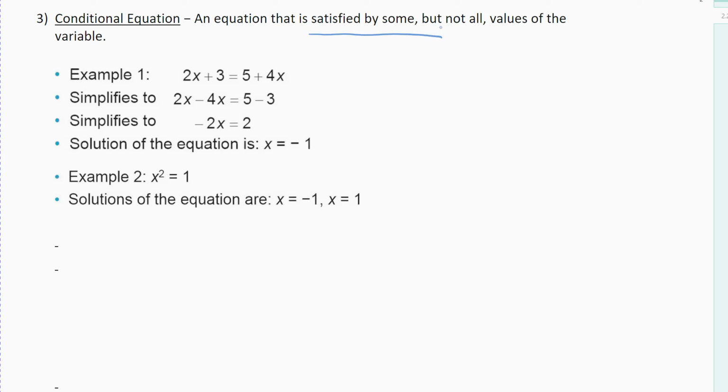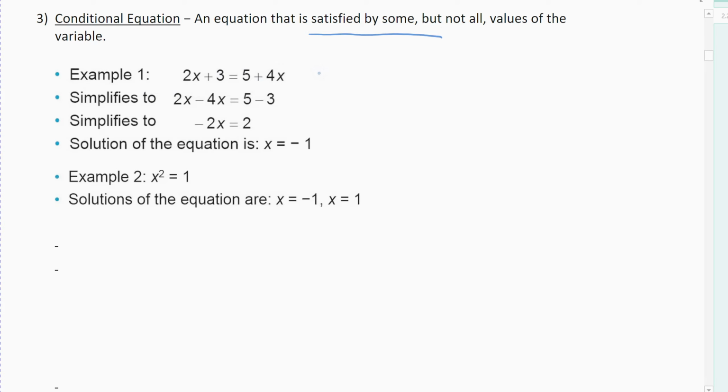And I gave you 2 examples here where we get 1 outcome and then 2 outcomes. So the first example, we get 1 solution. Again, start off with a similar type equation that I had earlier. I just dropped the negative 2x, so this is just a 4x over here. There's kind of a step skipped here, and I'll get to solving because we haven't really talked about the identities yet.